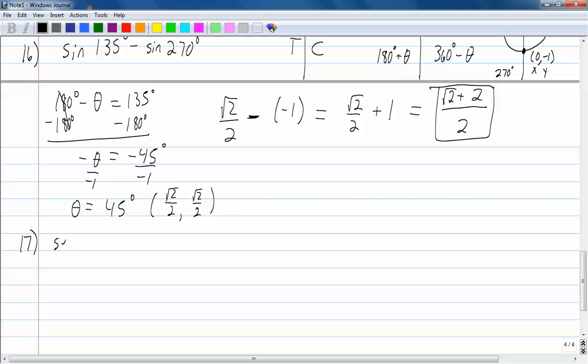Alright, number 17. Secant of theta is less than 0, and tangent of theta is less than 0. Name the quadrant in which the angle lies. When I'm working one of these, I bring up my salty C chart.